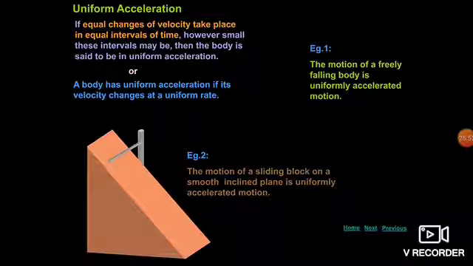There is one block. This kind of practical or activity you will also do. Now we will allow it to slide down. This is an example of uniformly accelerated motion. Non-uniform acceleration: a body is said to be moving with non-uniform acceleration if its velocity increases by unequal amounts in equal intervals of time.